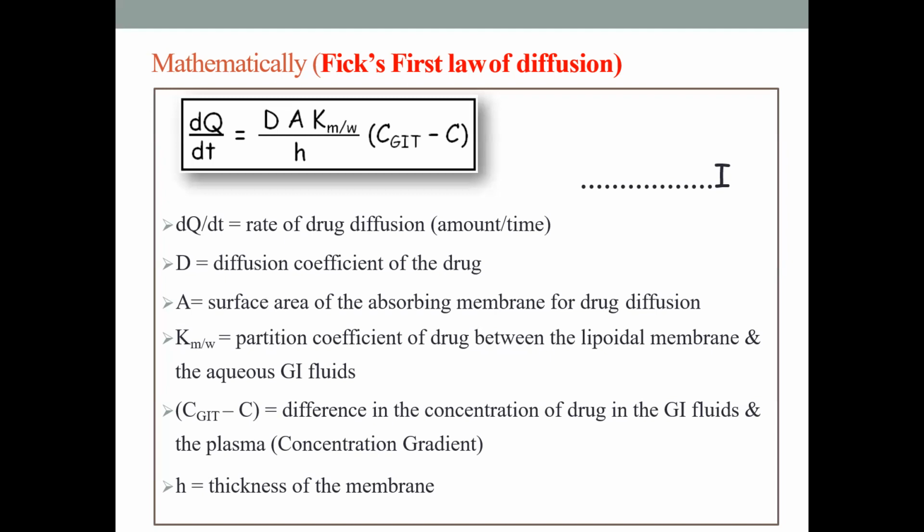Then CGIT − C is the difference in concentration of the drug between gastrointestinal fluid and plasma, also called the concentration gradient, expressed in amount per volume. The last one, small h, is the thickness of the membrane. So this is the overview of Fick's first law of diffusion.